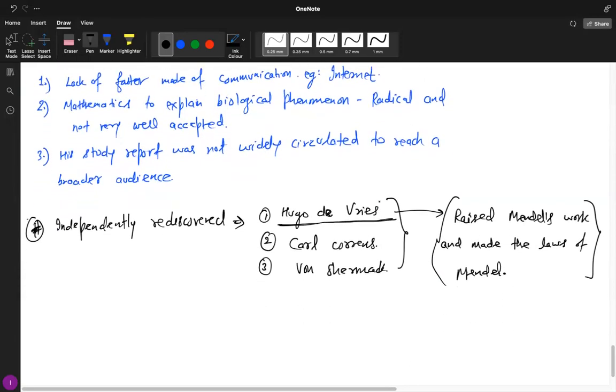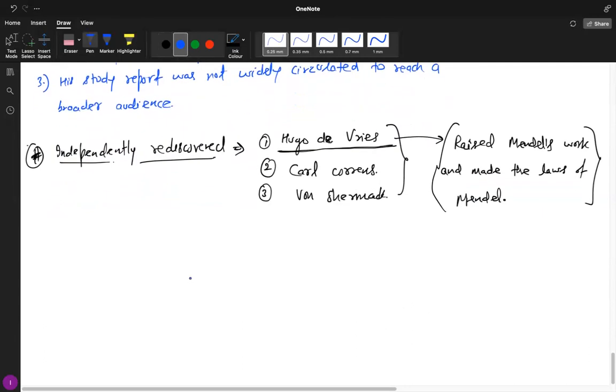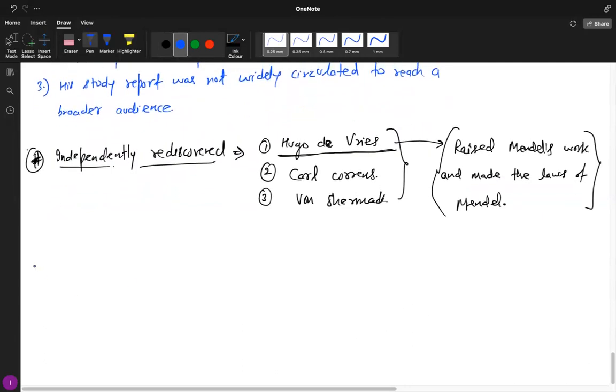See, Mendel did great work, and all his work can be summarized in three basic laws, which are called the laws of Mendel, just like the laws of Newton. Do you understand? Yes, sir. Now let's talk about the laws of inheritance by Mendel. These laws were given by Mendel.